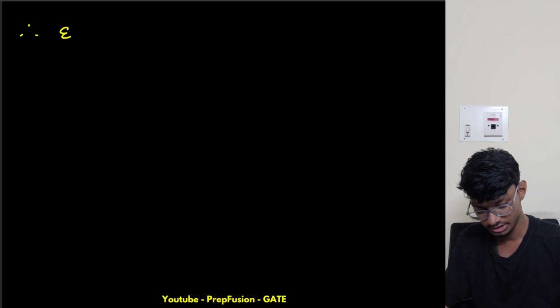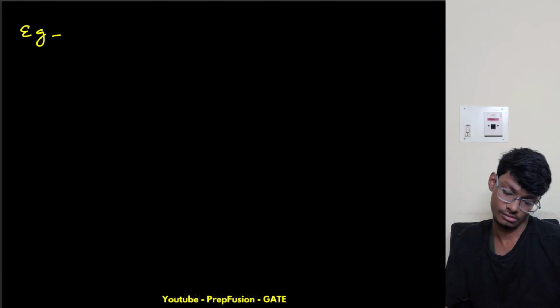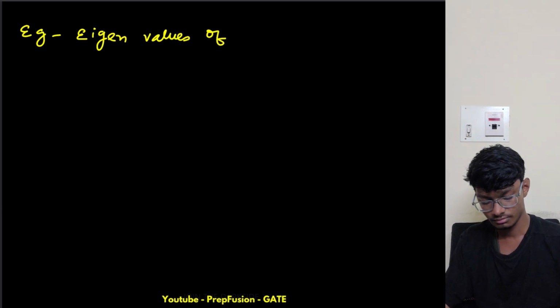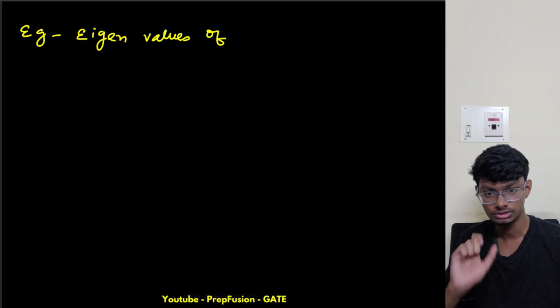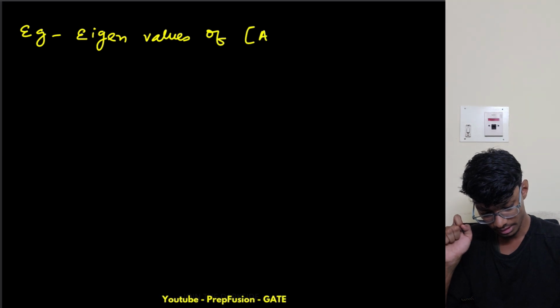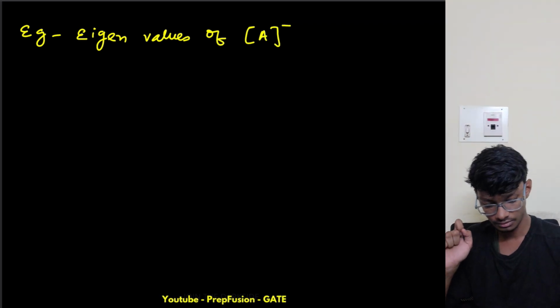Another property is this. Let's take an example: the eigenvalues of, let's say, A inverse.